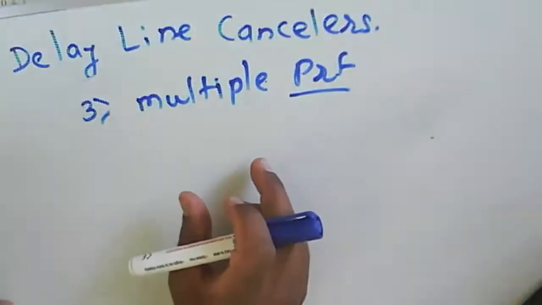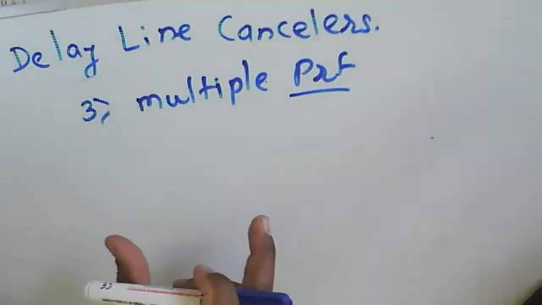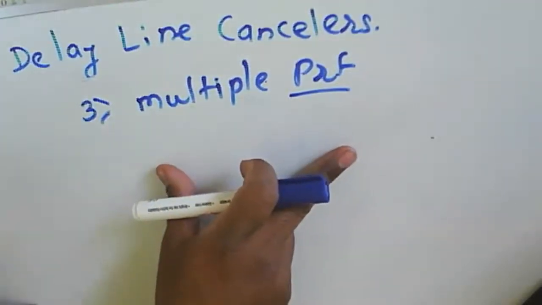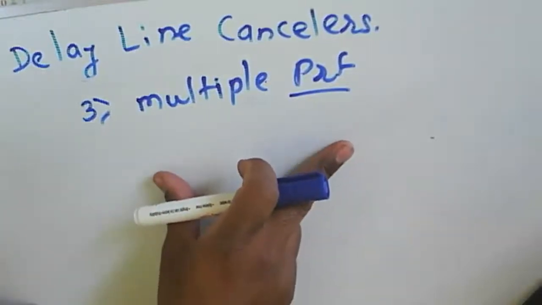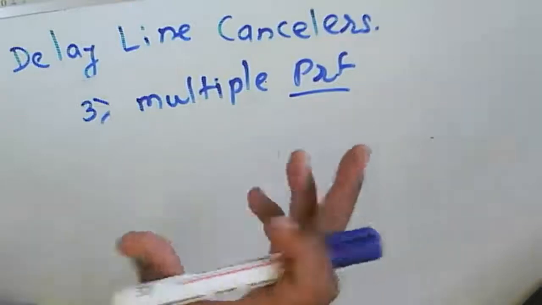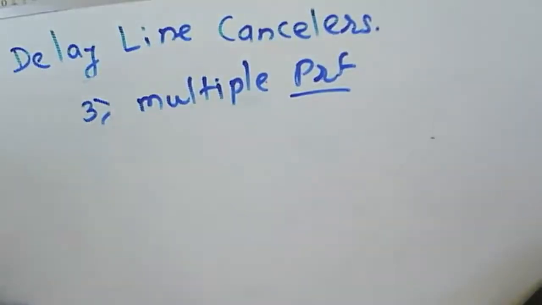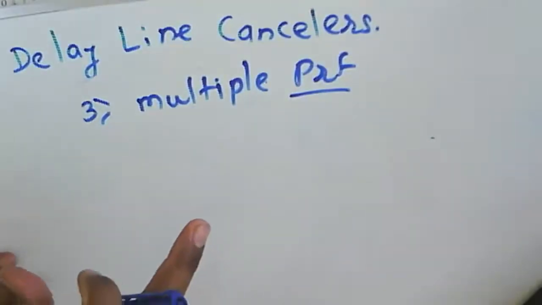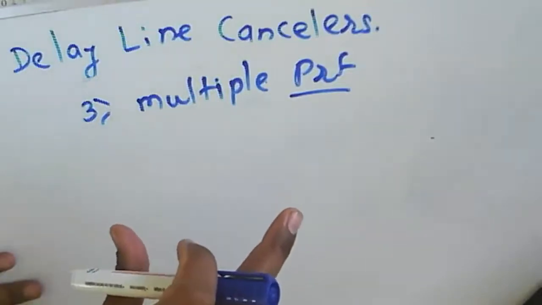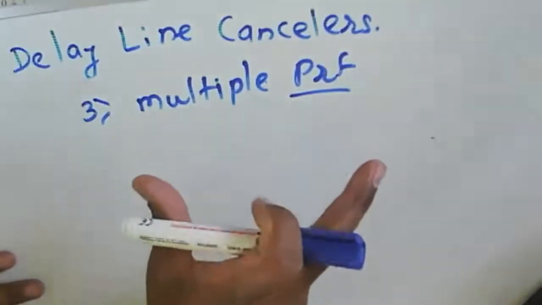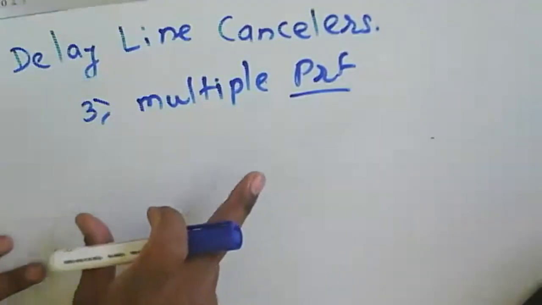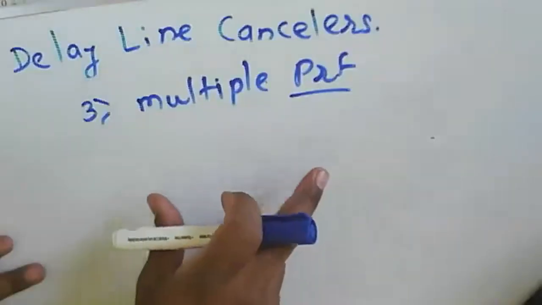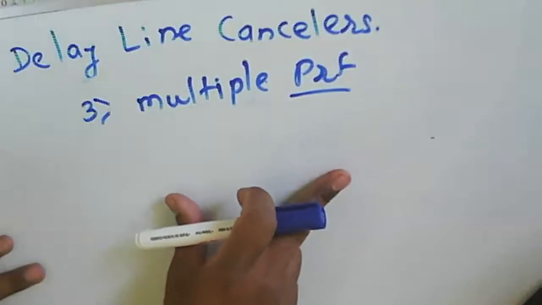But this technique has some disadvantages. Generally it is used in air surveillance radar to identify air traffic, to control air traffic, or to identify any aeroplane in the given range. The drawback is that with a multiple PRF waveform, we get multiple time around echoes, multiple time around clutter echoes.